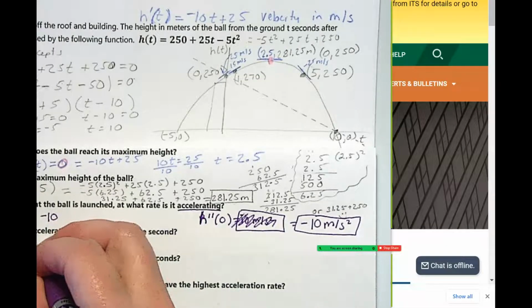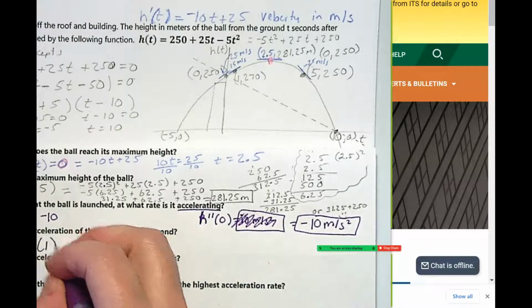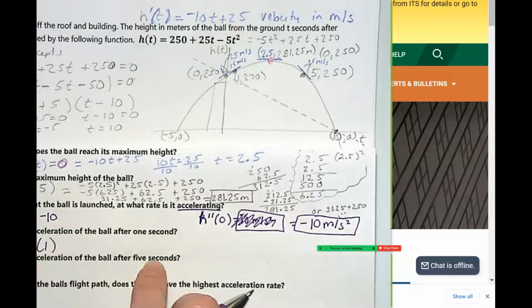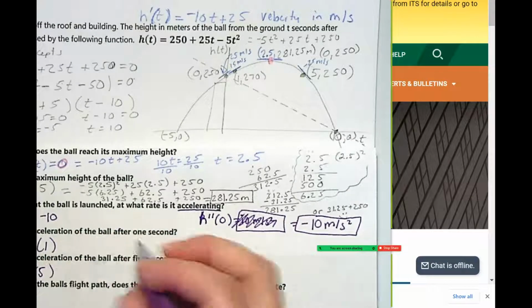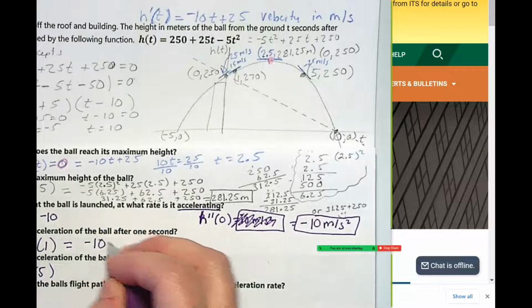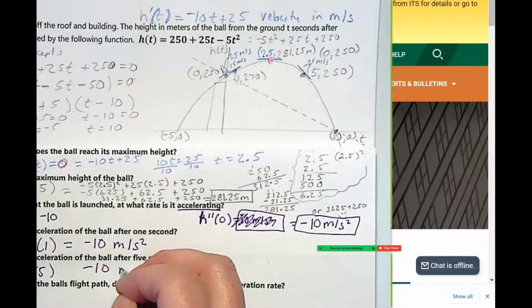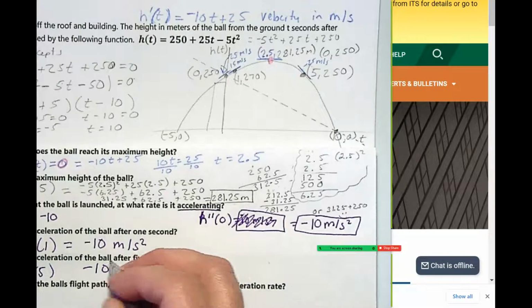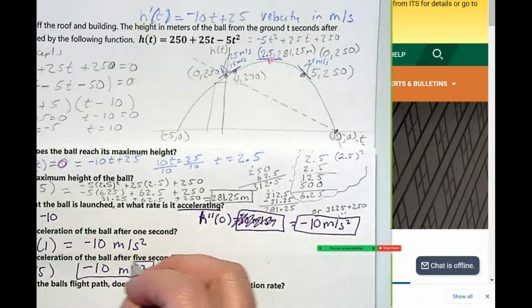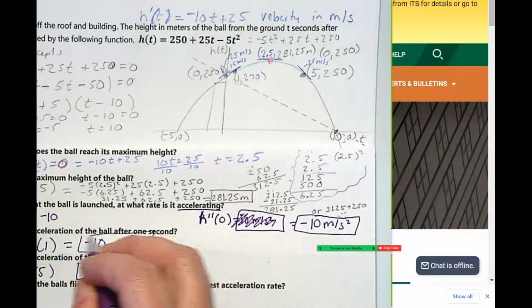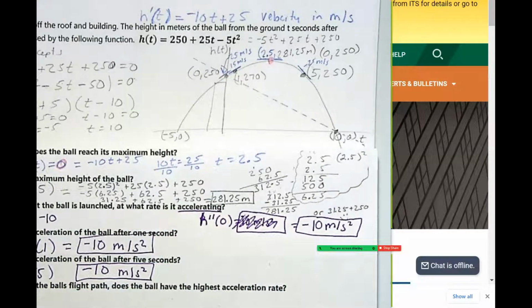H prime prime of 1, H prime prime of 5, equals negative 10 meters per second squared, which if you've done physics, which I know one of you has, gravity on Earth is negative 9.8 meters per second squared. Sound familiar? Yes. Ish. But 10 is an easier number to deal with so that you cannot have a calculator.